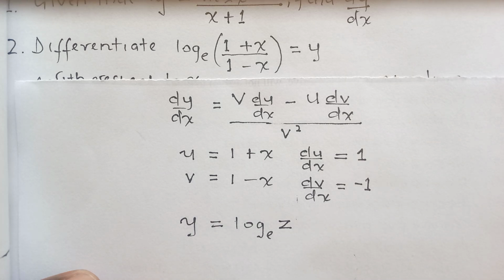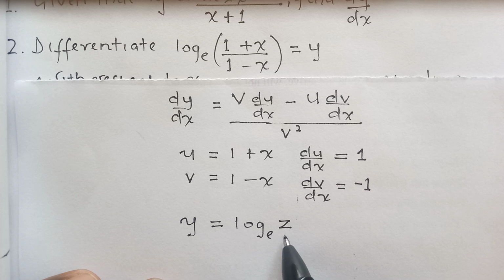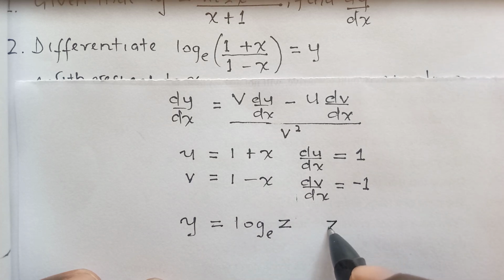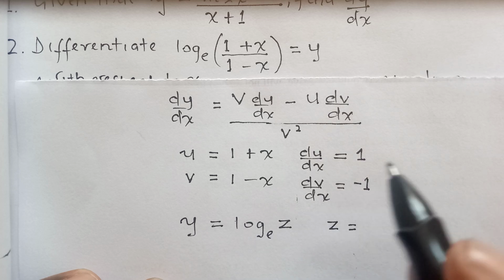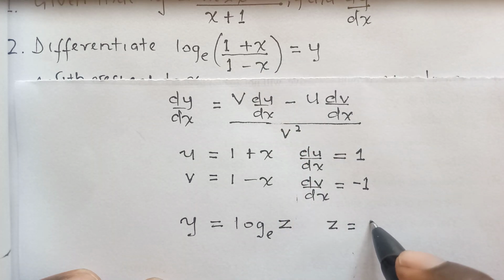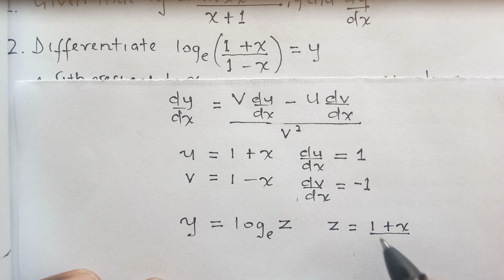Now we are going to use the chain rule. I have deliberately not said u because we have u here. So I say this is z, whereby z is now equal to this term. That is 1 plus x all over 1 minus x, like that.